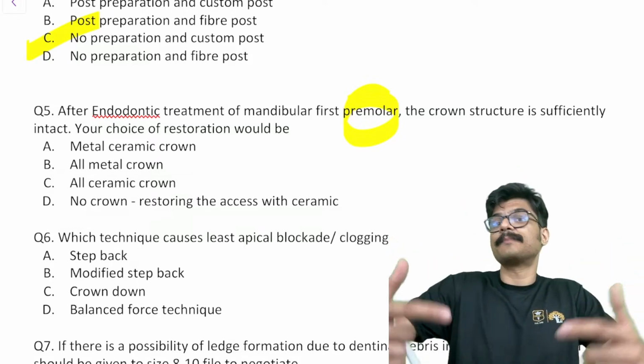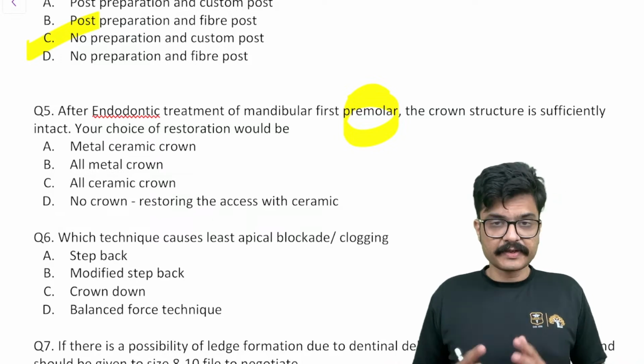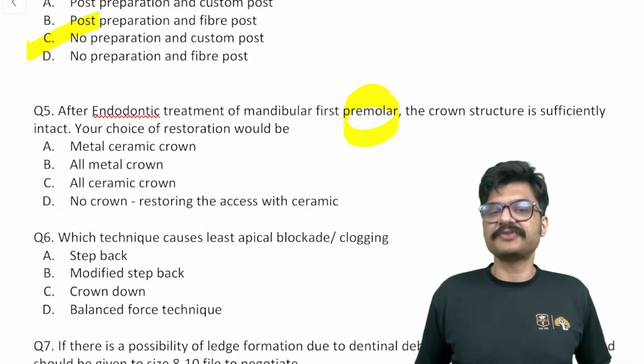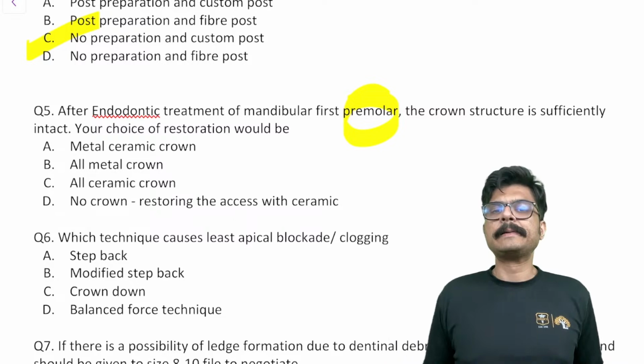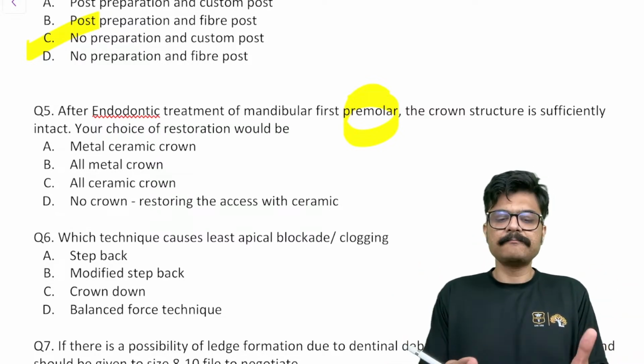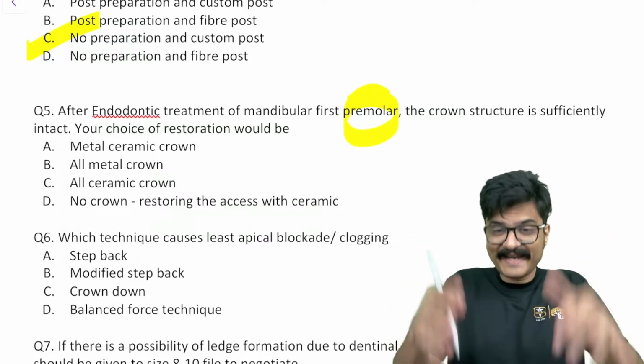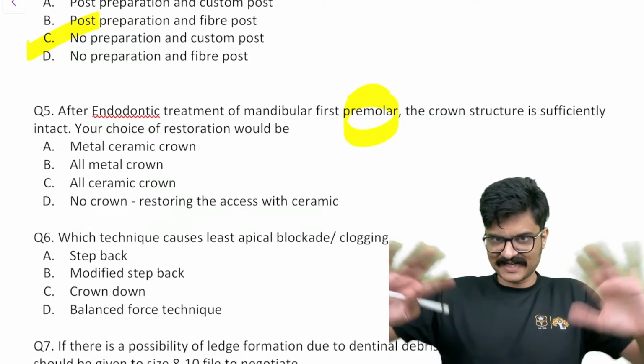But Cohen says something else. Cohen says that if your cavity prep is conservative, go for an intracoronal restoration. What is an intracoronal restoration? It is simple: you can go for a direct composite or a ceramic or composite inlay, and not an onlay, which covers the cusps.